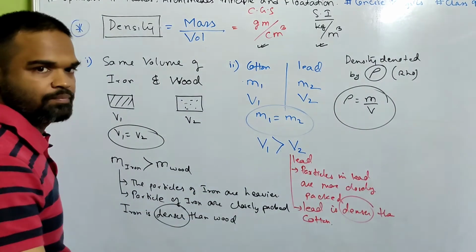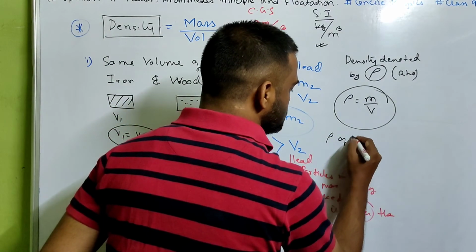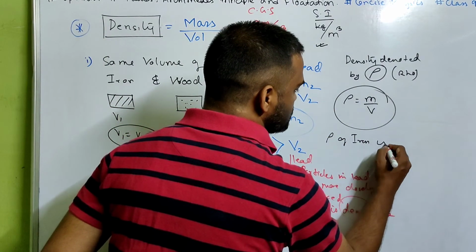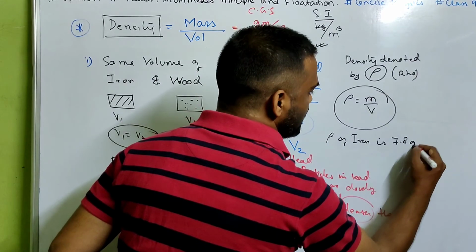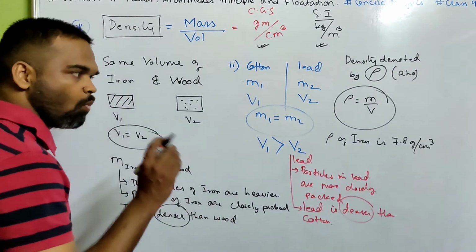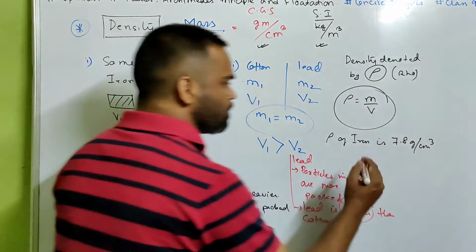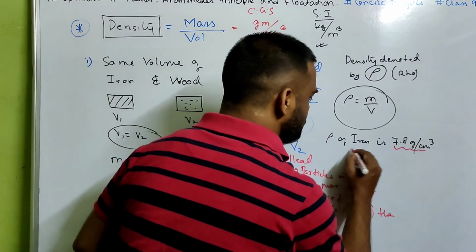Done. For example, if I tell you that the density of iron is 7.8 gram per centimeter cube, what does this statement mean?